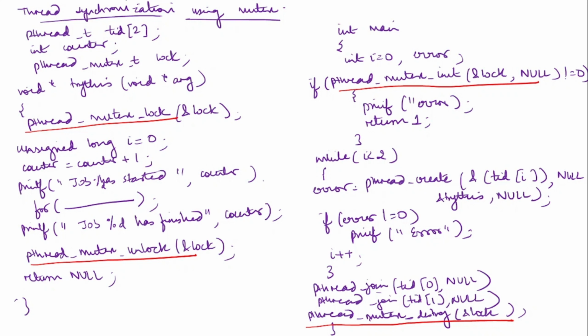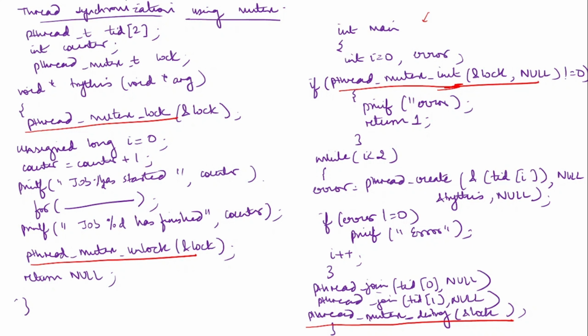So as per this logic, I start with the main function. Inside the main function, I have initialized the mutex first, as already explained. As soon as the mutex is initialized, I check whether it is initialized properly or not.